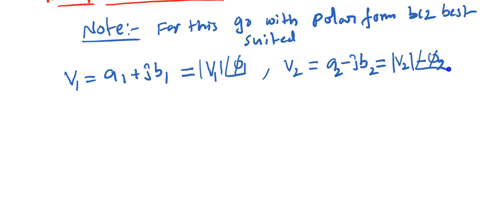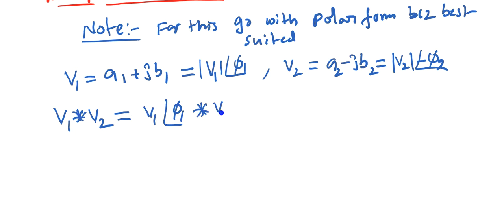So if I ask you to do the multiplication of these two, vectors V1 and V2, then V1 has angle phi 1 multiplied by V2 with an angle of minus phi 2. What you are going to do here is take the V1 and V2 magnitudes and multiply them, but when it comes to the angle, it is the summation of both angles.